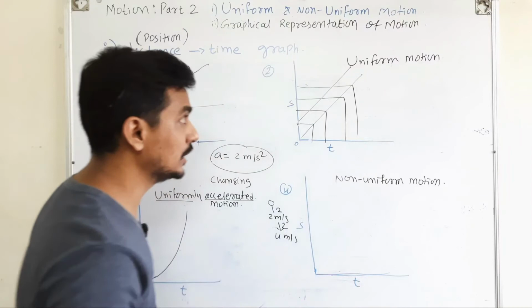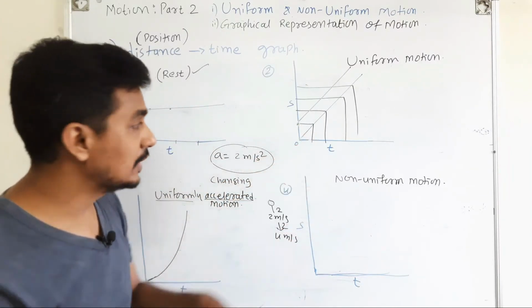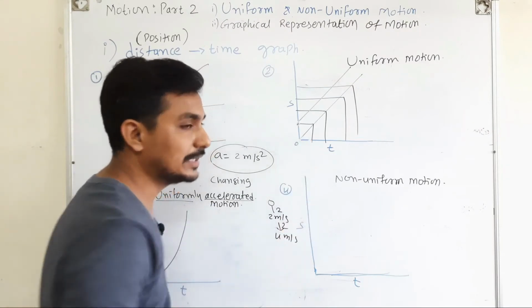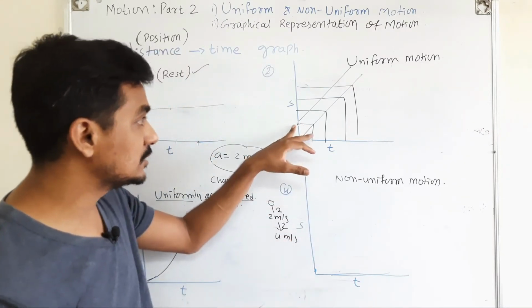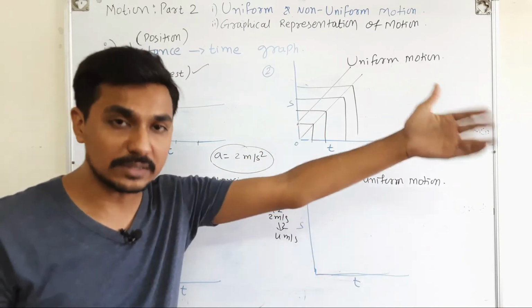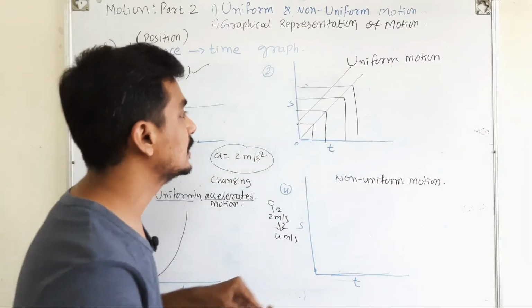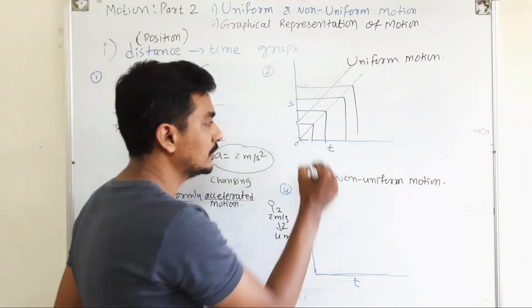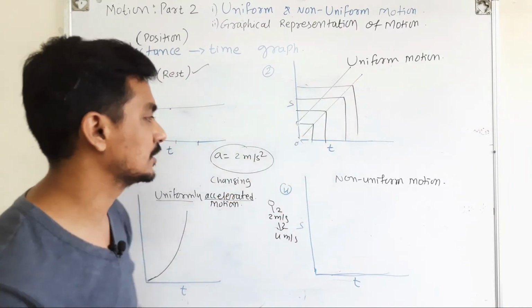The motion is uniform, but the motion is not starting from the origin. Here, this is starting from the origin, which indicates that the object was at the origin. If the object is not at the origin and it started motion at some distance from you, then the graph of uniform motion will start from here, not from here. If it is starting from the origin, then the graph will start from here.